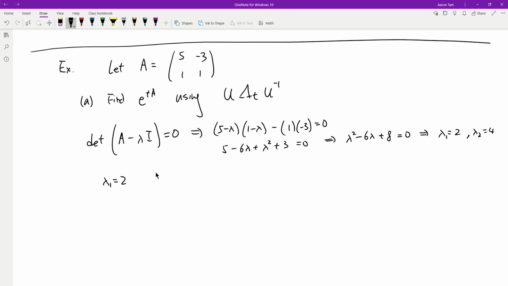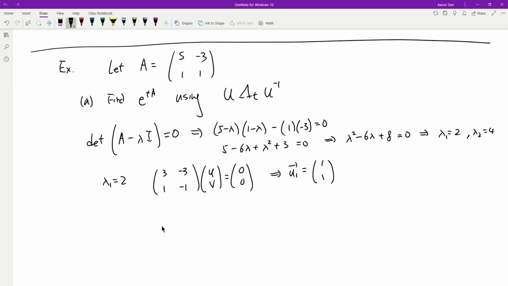Then what we have would be 3, negative 3, 1, negative 1 times u, v equal to 0, 0. Once again, at this point, you should be able to find the eigenvector relatively easily and quickly because we have been doing this for a while. So that comes out to be vector u1 equal to 1, 1.